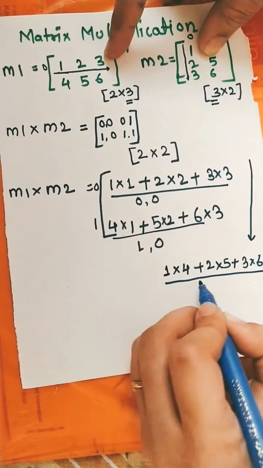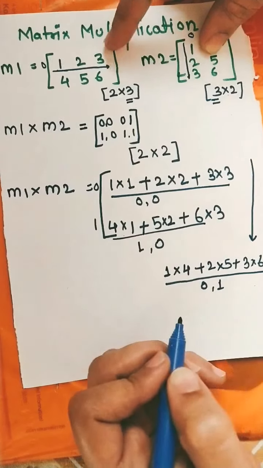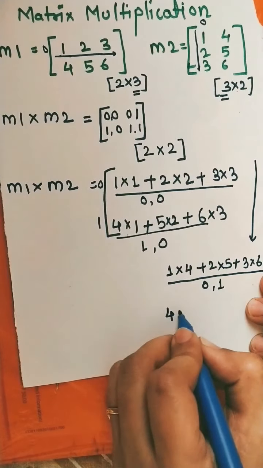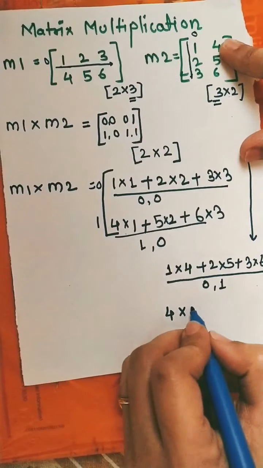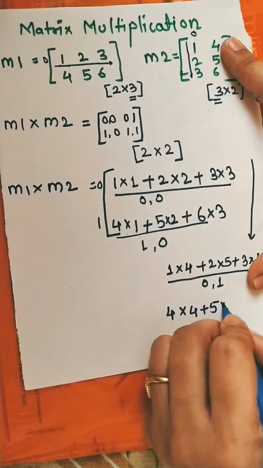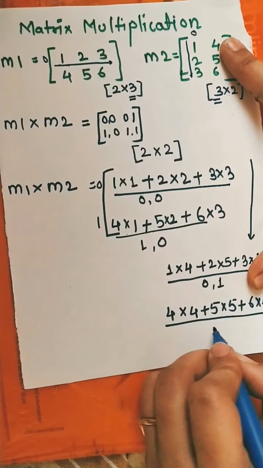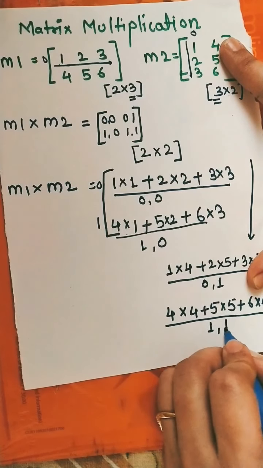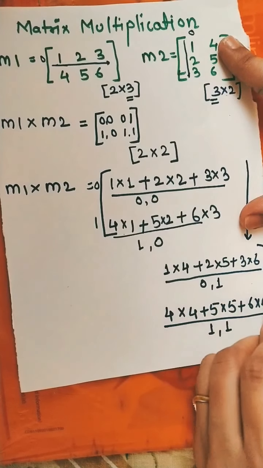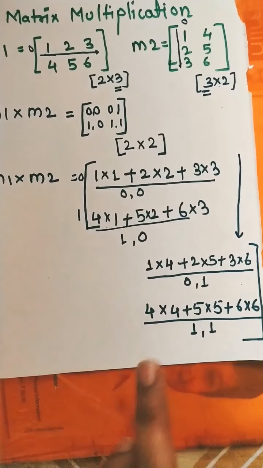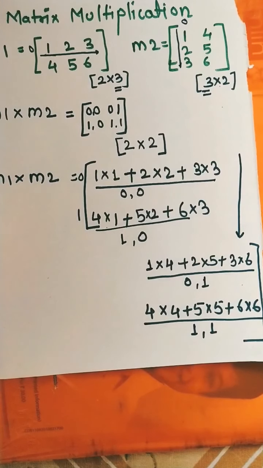This is how we get the 0th row, first column of the resultant matrix. Next, 4 into 4 plus 5 into 5 plus 6 into 6. So this is your first row and first column of the resultant matrix. This is how you get the total multiplication result from matrices M1 and M2.